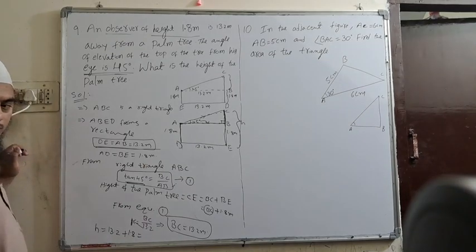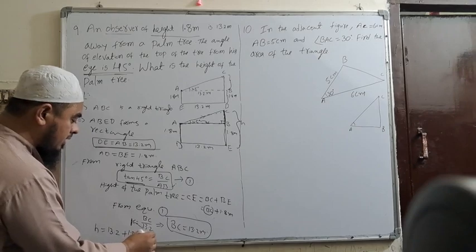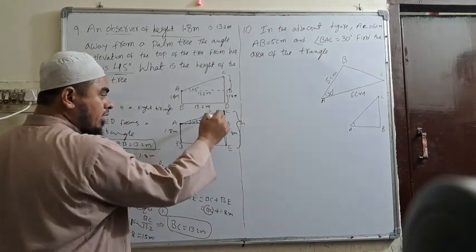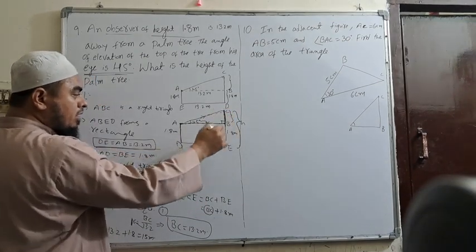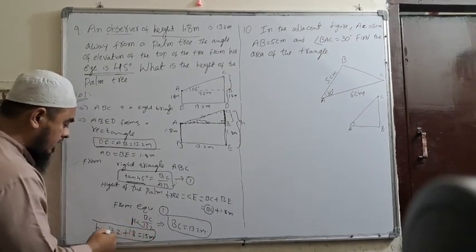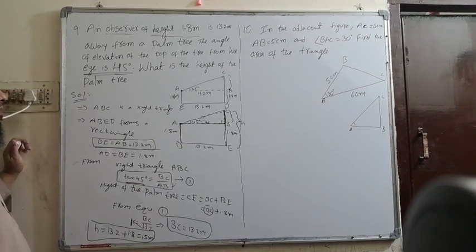So total 13.2 plus 1.8 is going to be 15 meters. Okay, it is 15 meters, though when you observe the diagram, it is not to scale. This BC should be longer than BE. So finally, the height of the palm tree is 15 meters. That is what they asked.